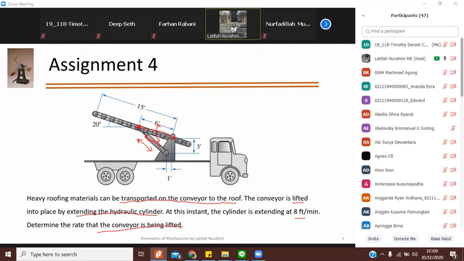The velocity of the conveyor being lifted. We know the cylinder linear velocity, 8 feet per minute, and we know all the dimensions and the angle. Now find the rate the conveyor is being lifted. So let's assume that this is the conveyor. So find the angular velocity, most probably.